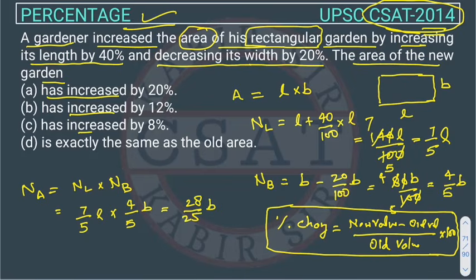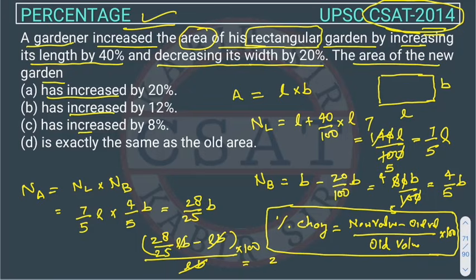So we will just put the values in this formula. So it will be 28 upon 25 LB minus old value, which is LB. Here we can take LB common and it will cancel, right?